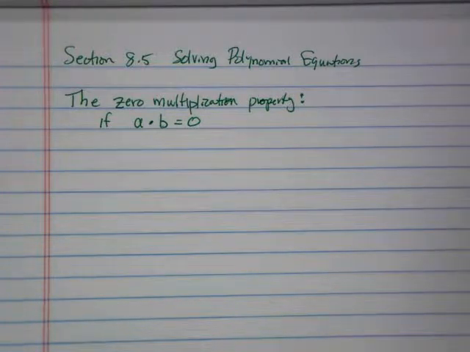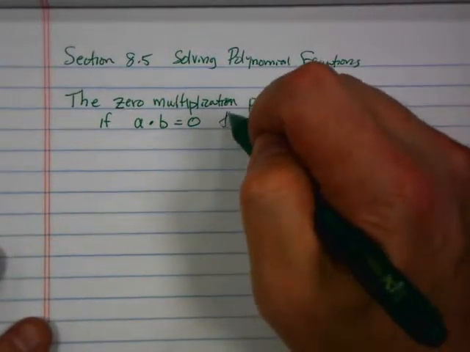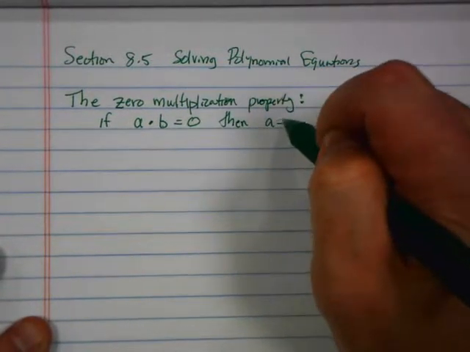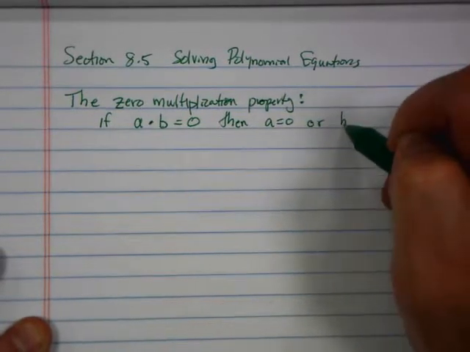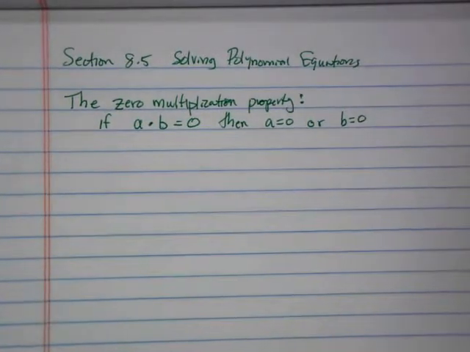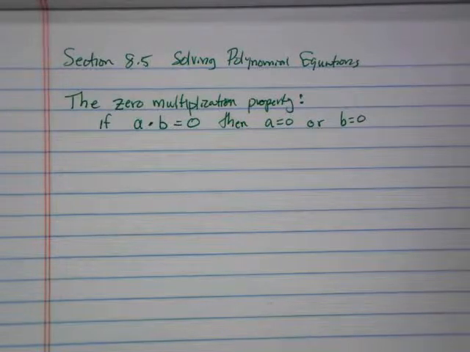One of them has to be 0. Does it matter which one is 0? No. Then A equals 0 or B equals 0. Of course, they both could be 0. We would accept that too, because 0 times 0 is still 0. Okay, so that's called the zero multiplication property. And that is actually going to be the whole key to solving polynomial equations.